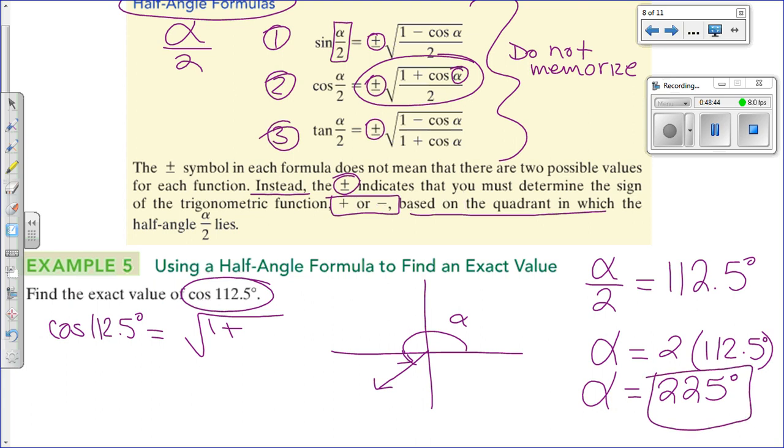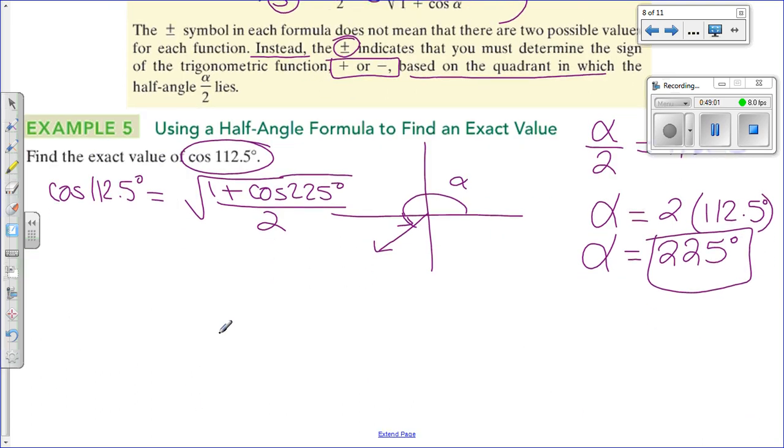So it will be 1 plus the cosine of 225, and it's that divided by 2. So now to answer this question, it will be 1 plus, and now the cosine of 225.